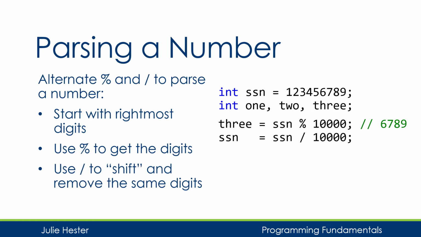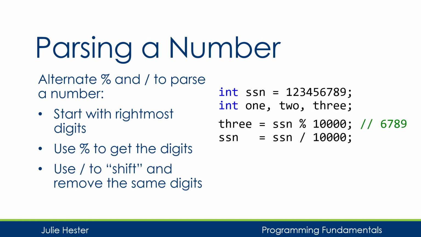So now I'm going to use integer division again with the 10,000, and I'm going to change SSN's value to SSN divided by 10,000. Once I do that, 6, 7, 8, 9 will be a fractional part. That will be discarded. And now SSN is equivalent to 1, 2, 3, 4, 5.